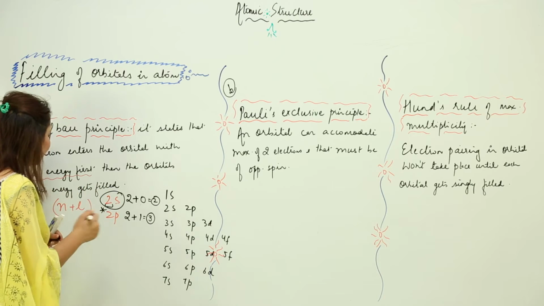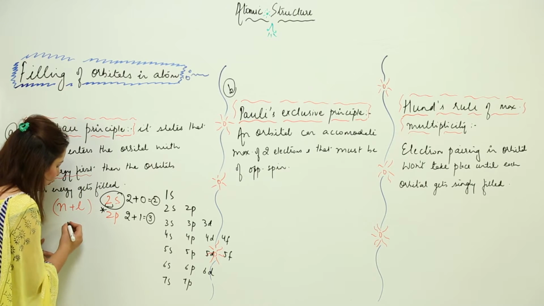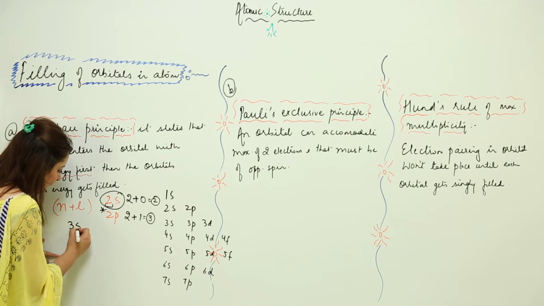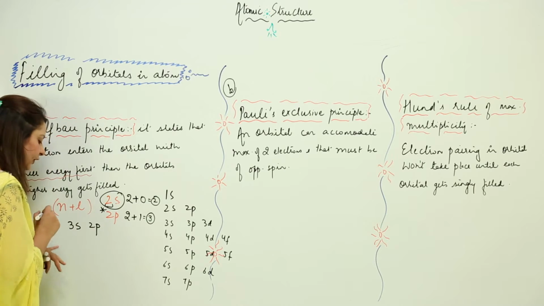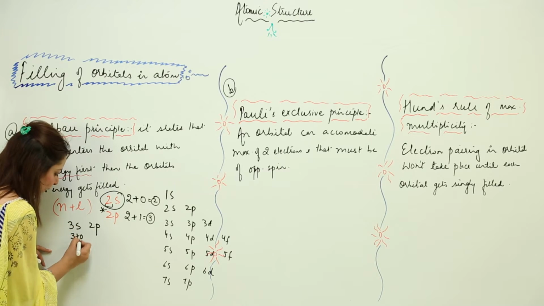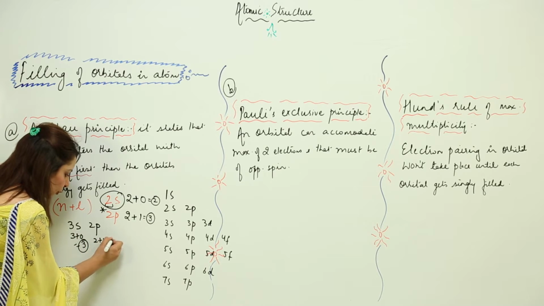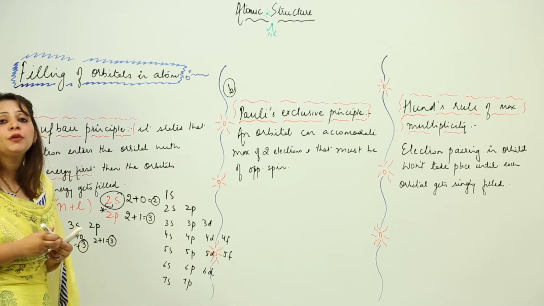But sometimes you will encounter a situation in which, for example, I tell you to calculate the energy for 3s and 2p, right? So what is the energy for 3s? Obviously it is 3 plus 0, n plus l, which comes out to be 3, and for 2p it is 2 plus 1, which comes out to be 3 again. So in this situation, what will you do?